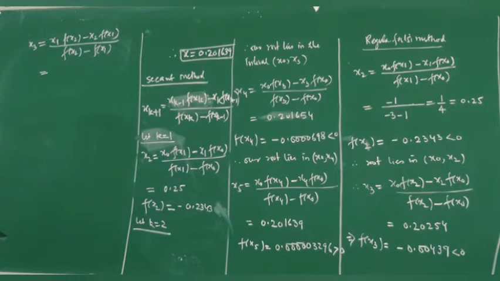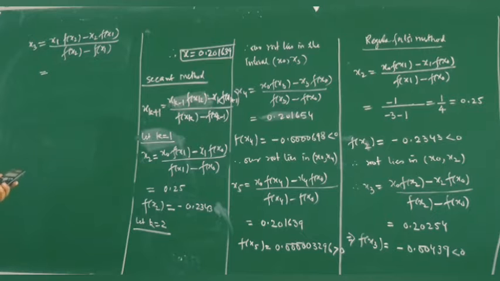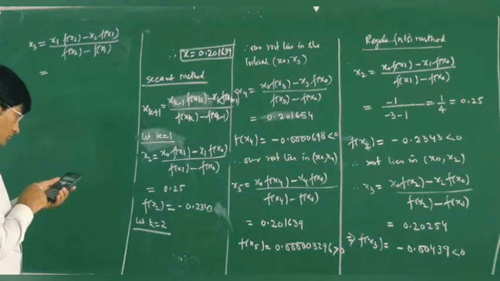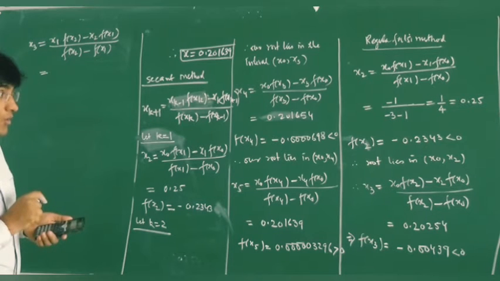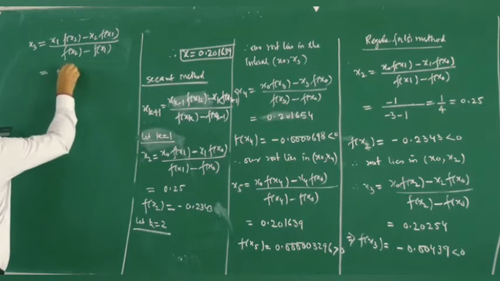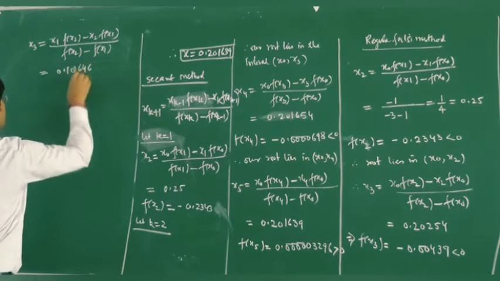Your f of x1 was equal to minus 3. Now we will divide this by f of x2, which is minus 0.2343, minus f of x1. Your f of x1 was equal to minus 3, so we have plus 3, and this is equal to 0.18646.